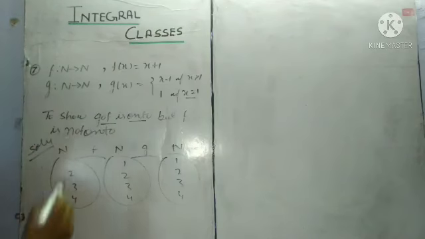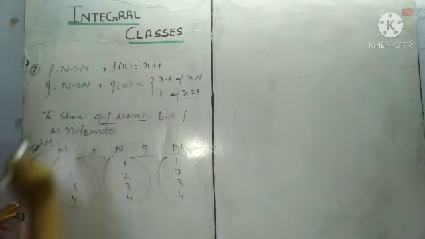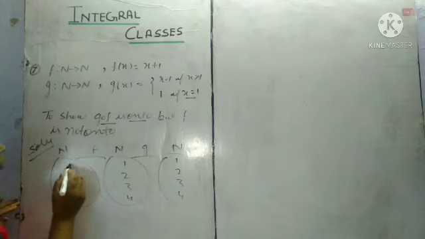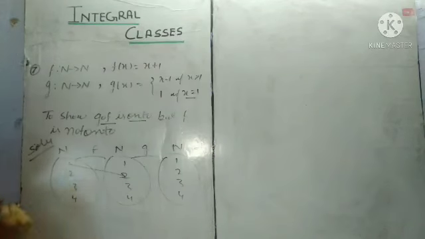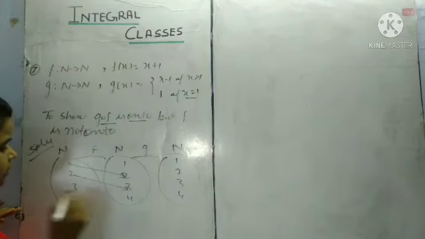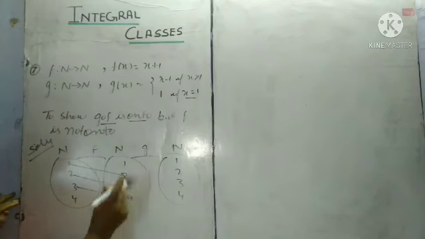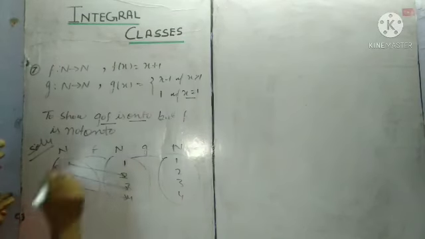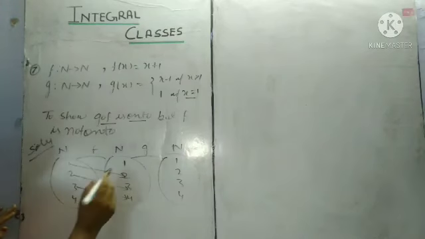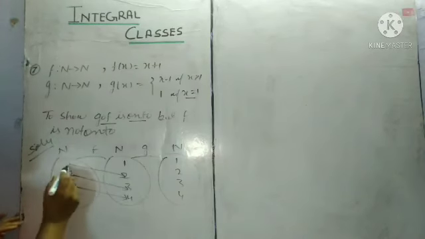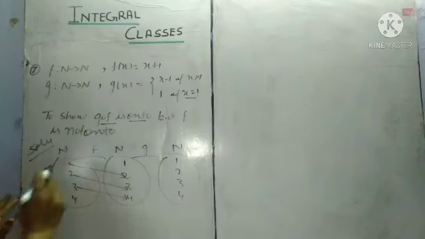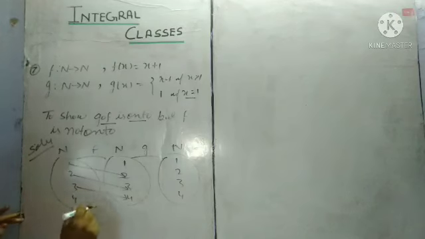Now if we put x equal to 1, then we will get 2, then we will get 3, then we will get 4. So f is one-one, but one element is left here because 1 does not have its pre-image in set N. So it is not onto.